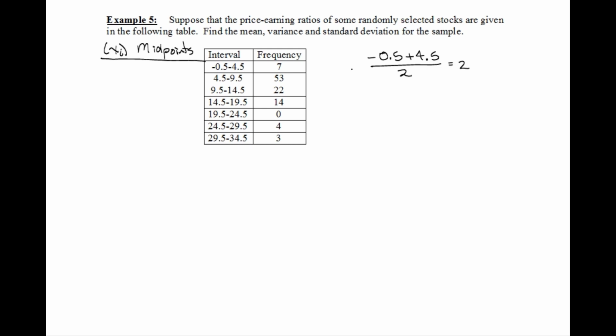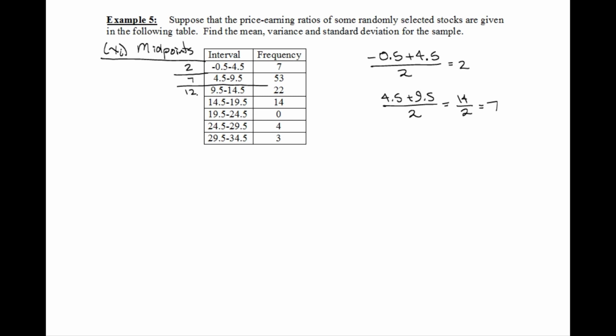If we do the same thing for the next one, if we take the 4.5 and add the 9.5, we're averaging them to get the number that's halfway in between. That would be 14 over 2, so 7. And halfway in between 9.5 and 14.5 will be 12.